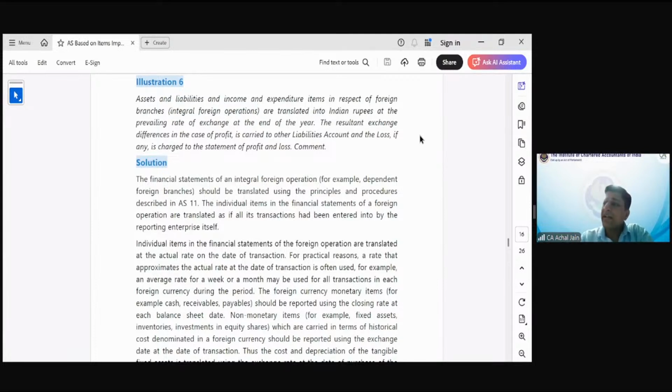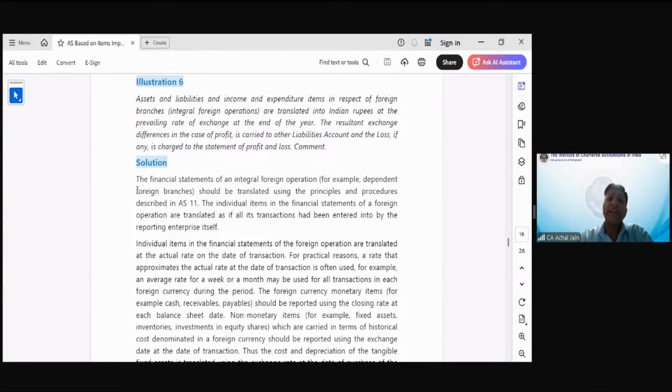Okay, what about others? Do you think this treatment is correct? Anil says no. Devu says no. What about others? Do you think this accounting treatment is okay? Charandeep says no.